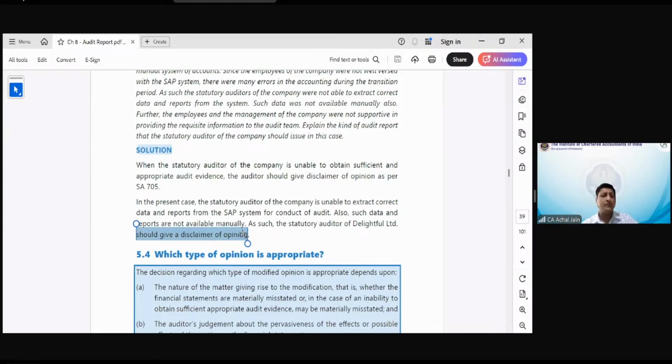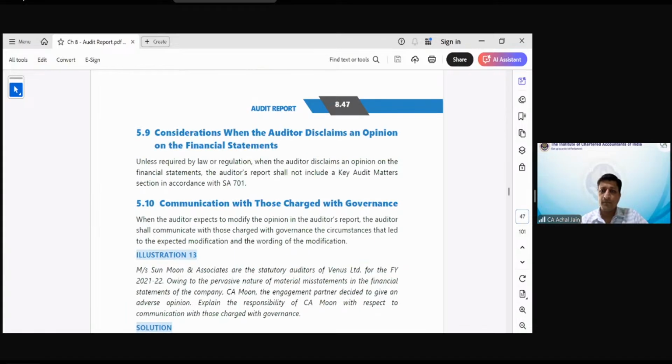No. Okay. So let's look at one more example. Now, in this case, Messrs. Sun, Moon, and Associates are the statutory auditors of this company, Venus Limited.